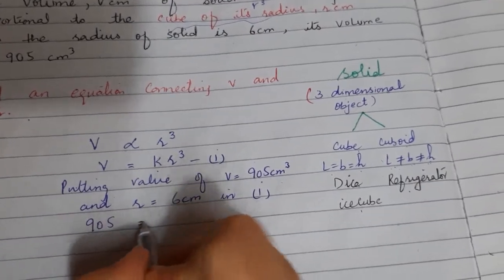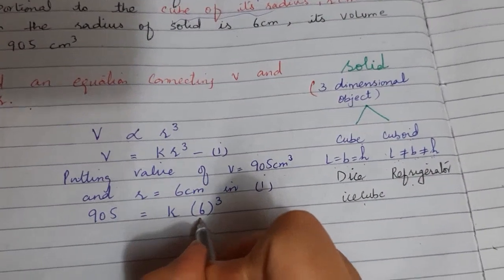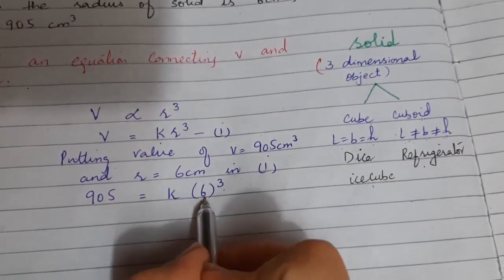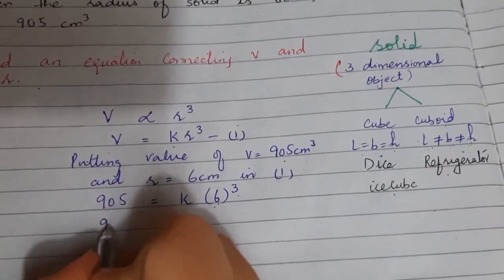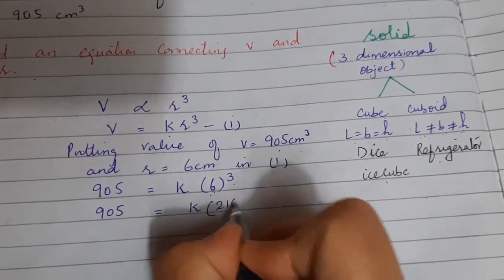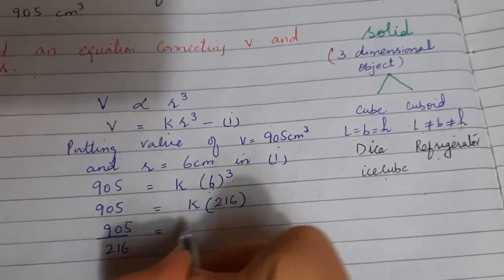905 is equal to k times 6 whole cube. And you know what 6 cube means? Yes, you are going to multiply 6 how many times? 3 times. So 905 is equal to k times 216. Then divide 905 by 216, which is equal to k.